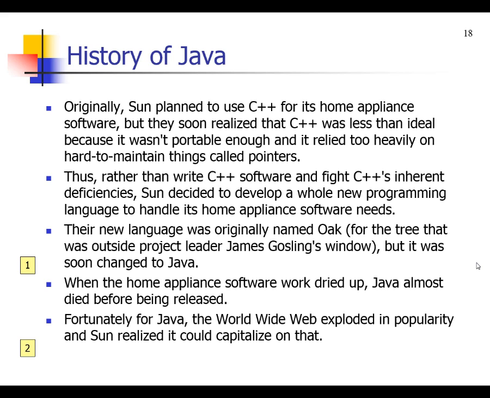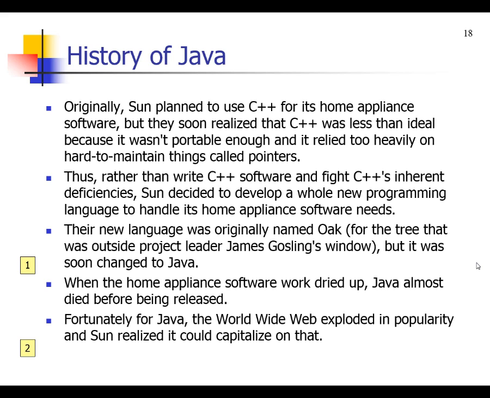Sun originally wanted to use C++ for these home appliances. But they found it was less than ideal because why? Cost. It was hard to maintain. You couldn't keep up with it. There's a lot of deficiencies. So their new language, called Oak, was changed to Java, and that's where it got its name after it was designed.